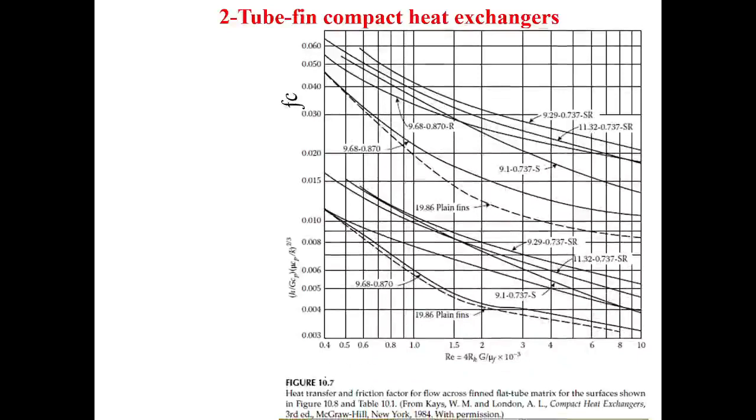of Kakac, this figure is from chapter 10, which shows again the two important parameters, J factor and the friction coefficient as a function of Reynolds number, but to show you the variation for different surfaces, here in the book the author shows several surfaces, variation of these figures here for f, and these groups of figures for the J factor.